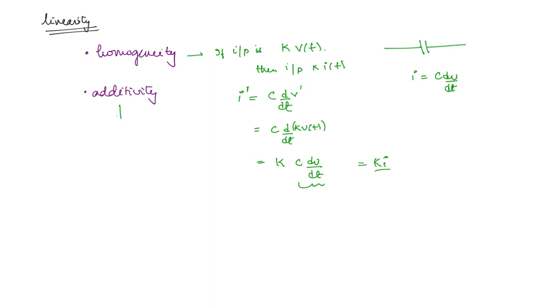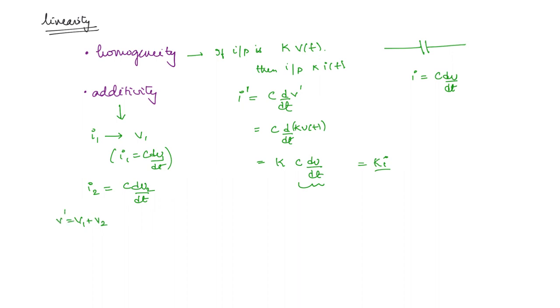Next, additivity. What does this say? If I1 is the response due to V1, that means I1 is equal to C dV1 by dt. Similarly for another input V2, the response I2 is C dV2 by dt. Now what will be the output for V1 plus V2?